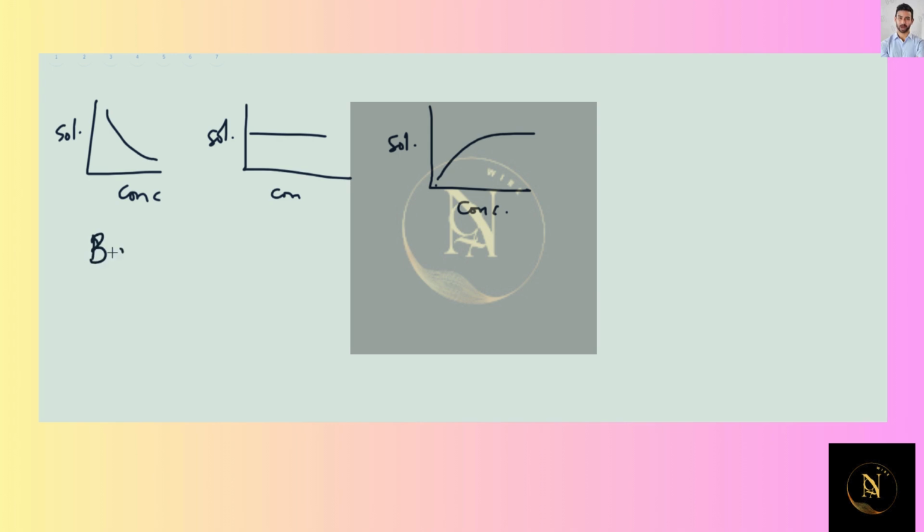If you have barium carbonate, it dissociates to produce Ba2+ and CO3 2-. In the presence of an acid, the acid will cause the formation of bicarbonate, HCO3-, from the carbonate.